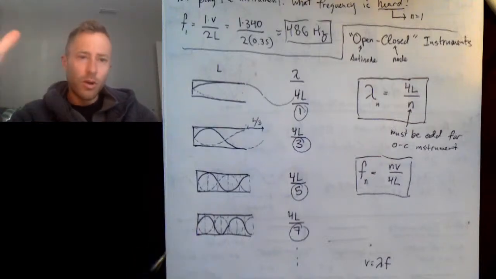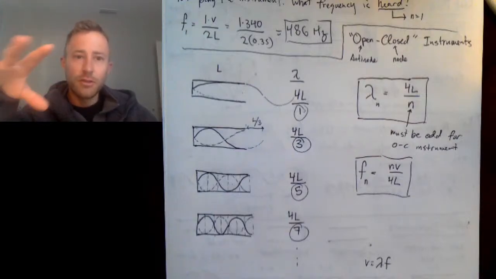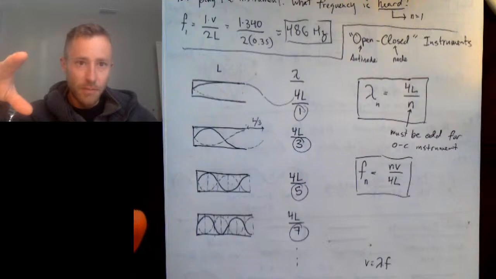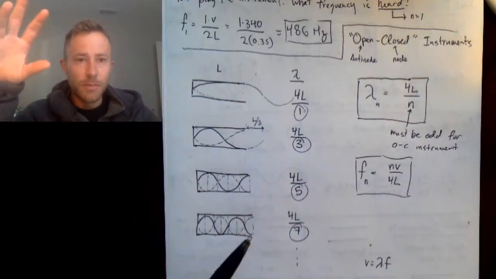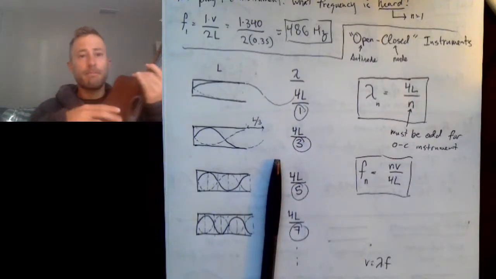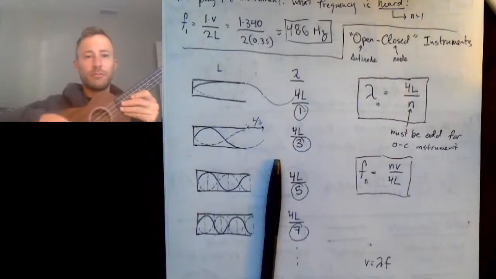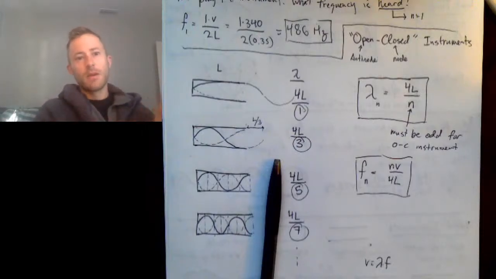So what are the takeaways from this discussion on musical instruments? By the way, what we're talking about has nothing to do with drums. What we're talking about are instruments that are essentially one-dimensional. A string is one-dimensional. If you were on this string, you can only go forward or backwards along the string.